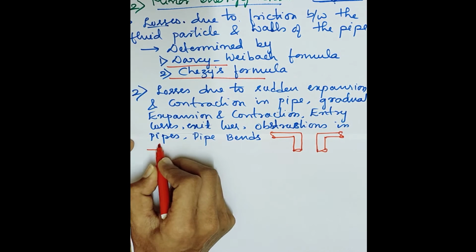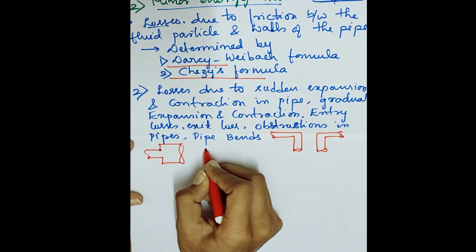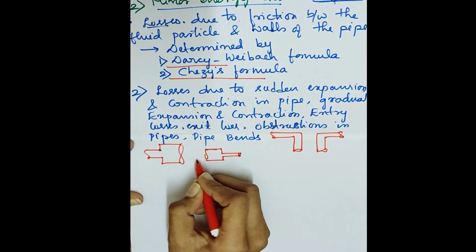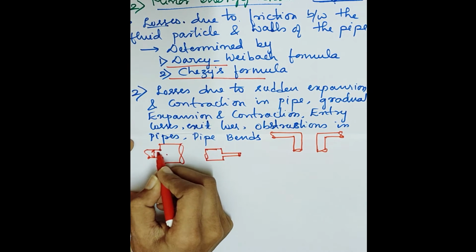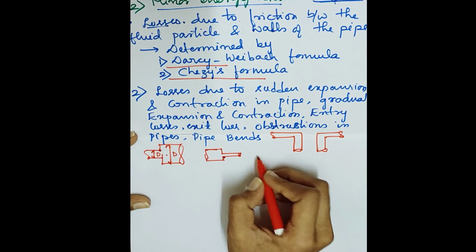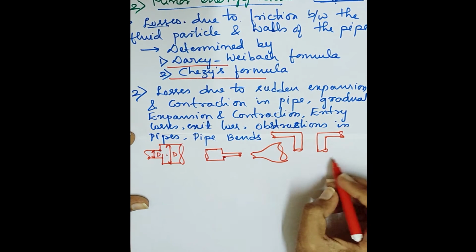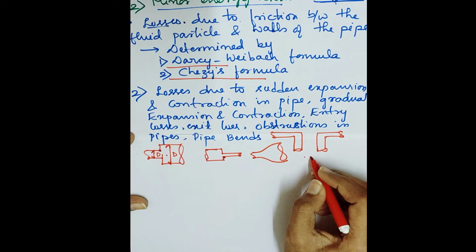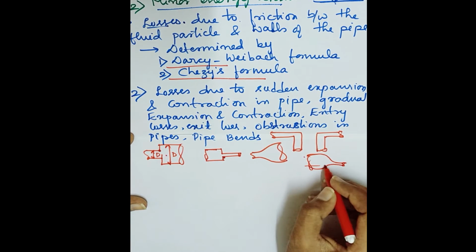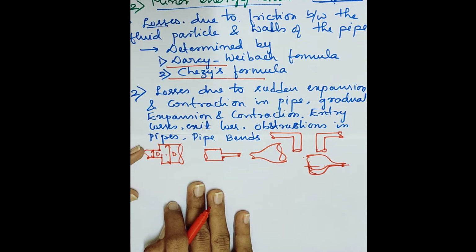Also due to sudden expansion and sudden reduction, a sudden increase in the diameter, a sudden decrease in the diameter, and also gradual expansion and similarly gradual reduction. All those losses are minor energy losses.